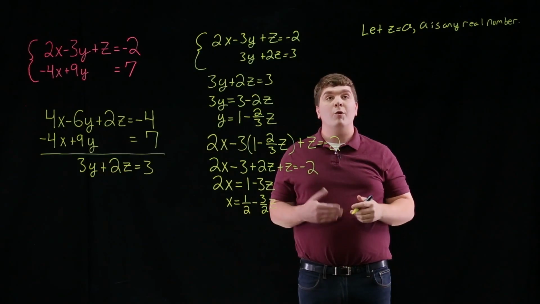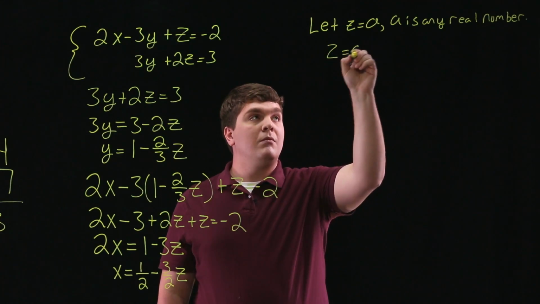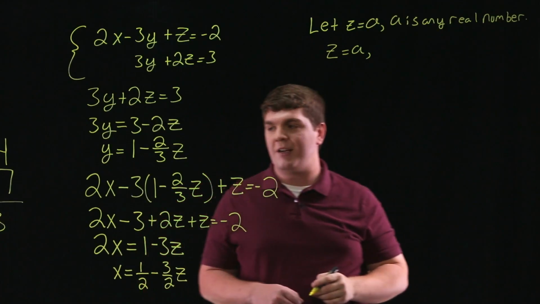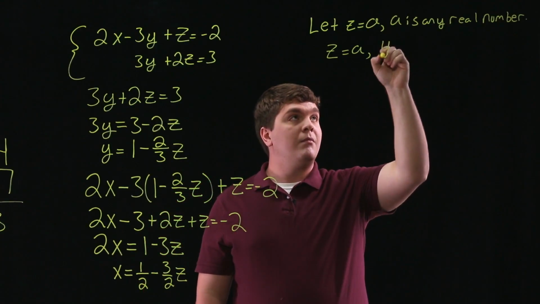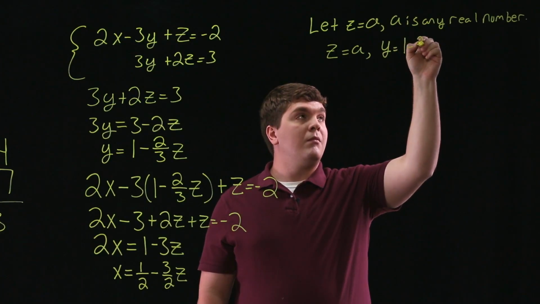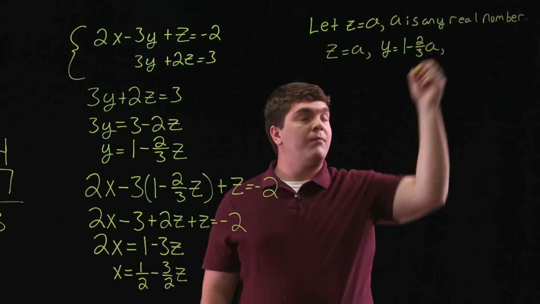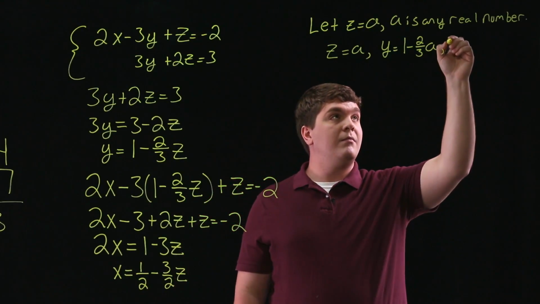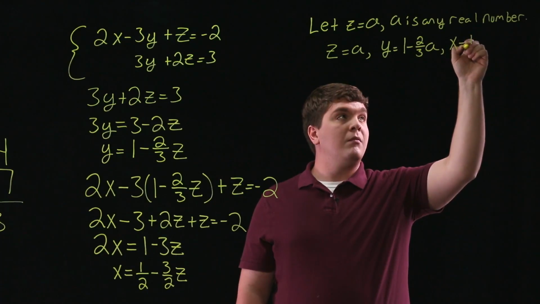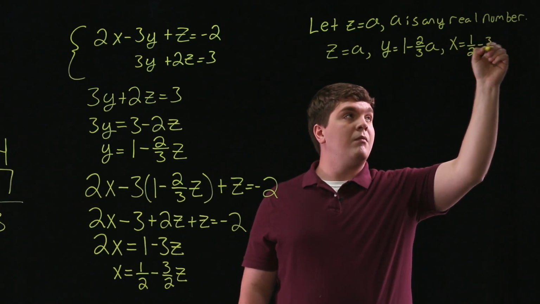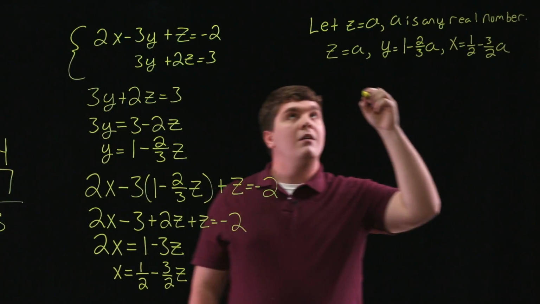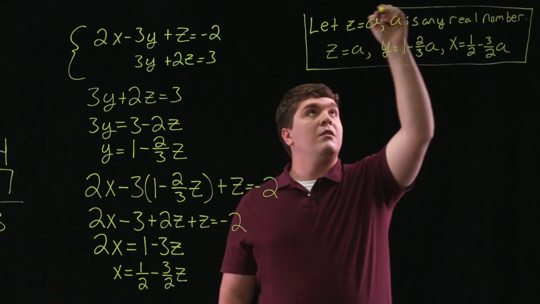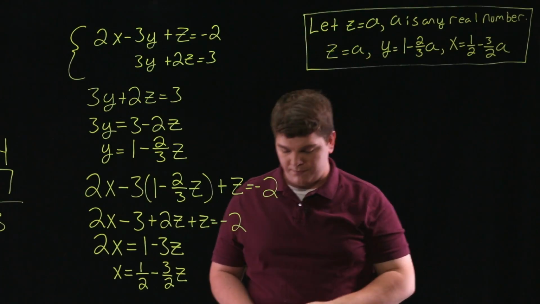So z equals a will be part of our solution. y will be equal to 1 minus 2/3 a. And x will be equal to 1/2 minus 3/2 a. And this is our solution to the system of equations.